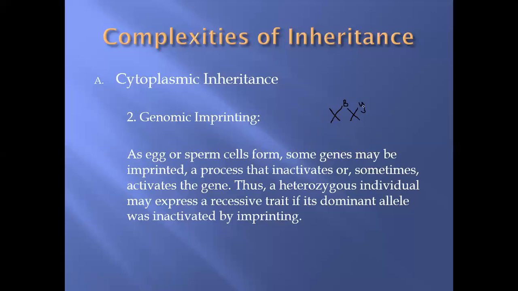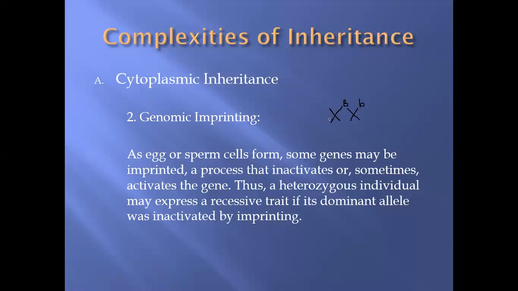We could use big B, little b, so it's not confusing. So brown would be dominant to yellow, okay? Now this mouse is a heterozygote, so he should appear with brown fur, right?